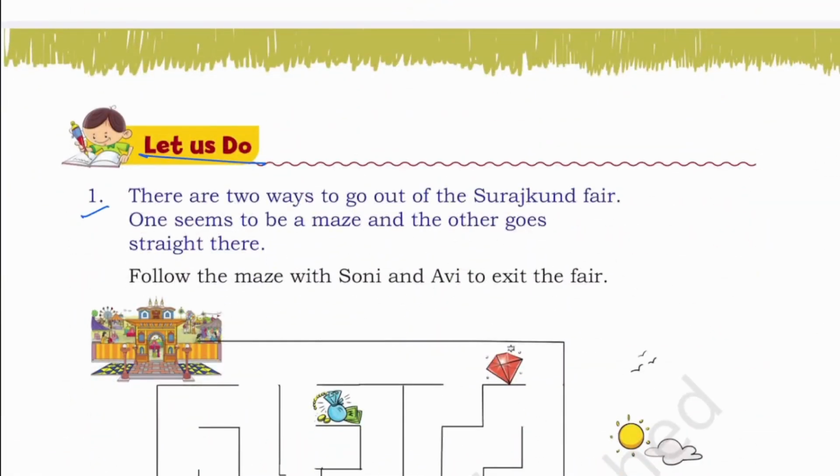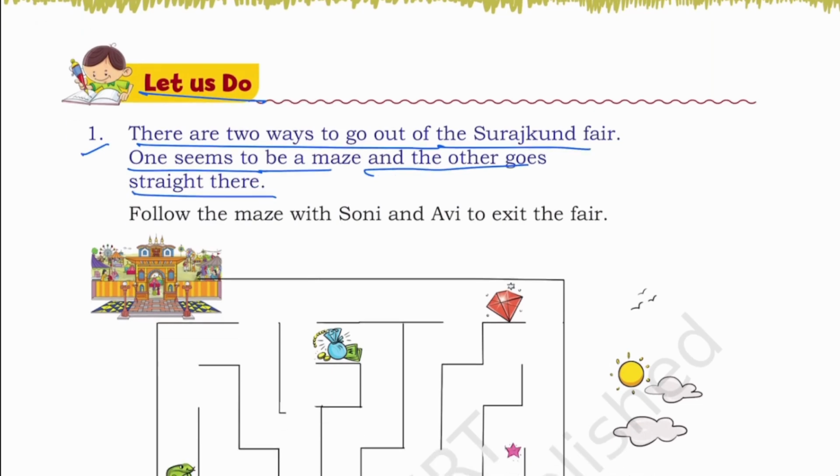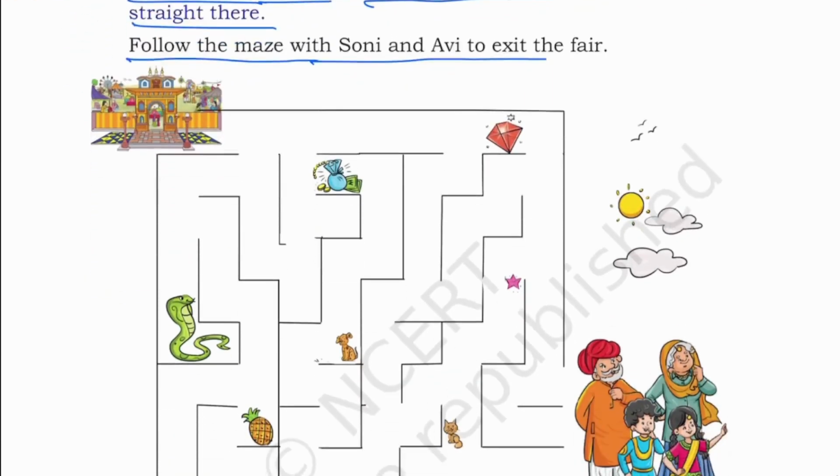Let us do one. There are 2 ways to go out of the Surajkund fair. One seems to be a maze and the other goes straight. Follow the maze with Soni and Avi to exit the fair.